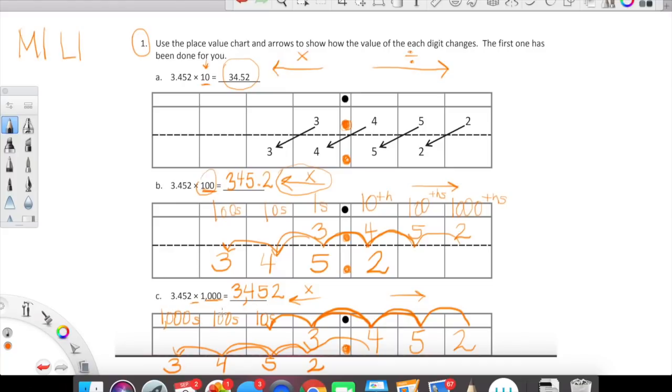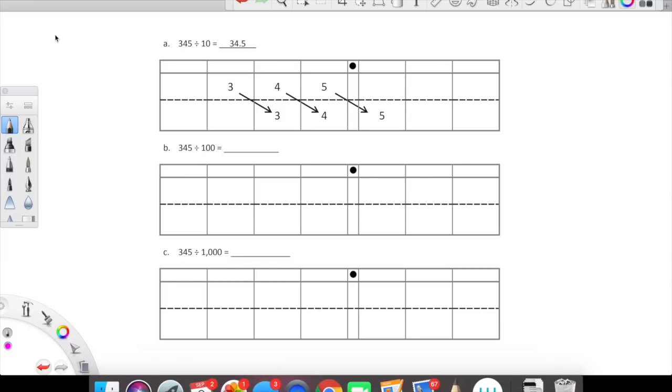The digits are shifting. In these problems, all of our digits are shifting to the left because we're multiplying. We started with 1 jump to the left with 10, and we ended with 3 jumps to the left when we multiplied by 1,000.